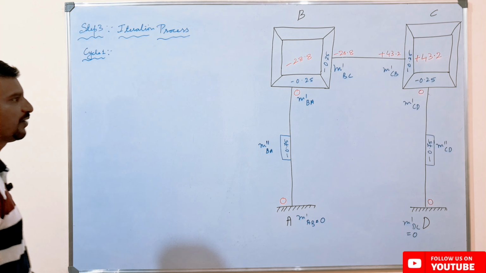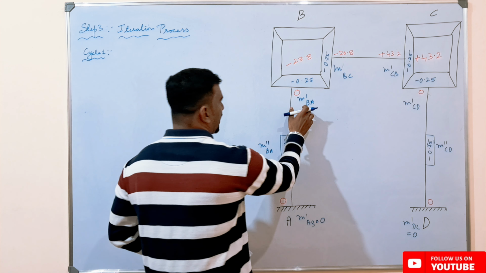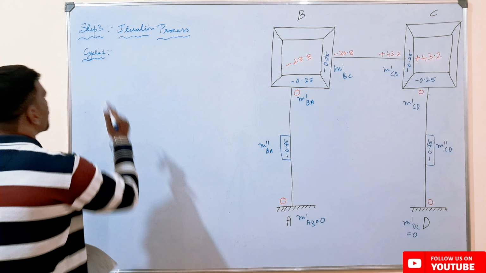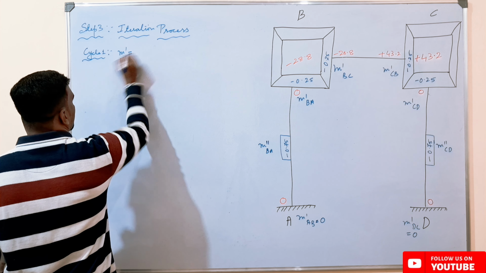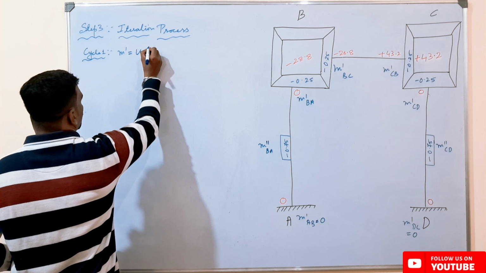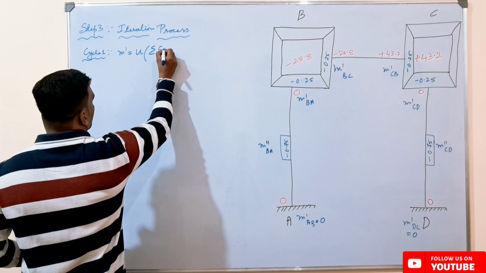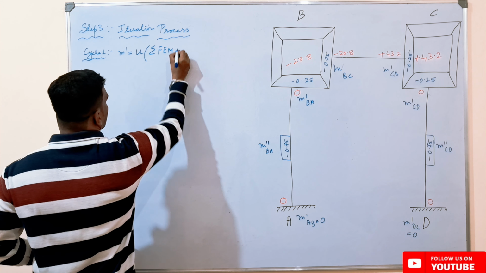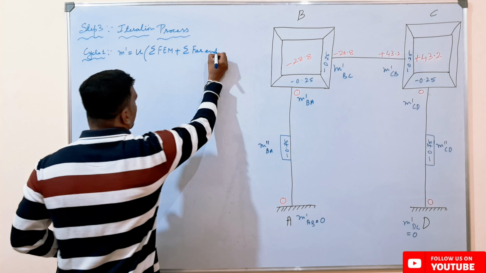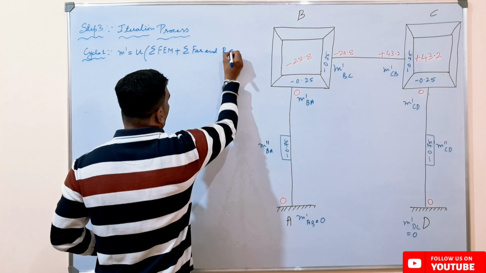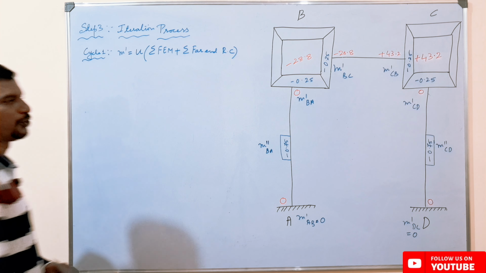So for the first cycle, if we need to calculate the rotation contributions, from previous classes we know that the rotation contribution is given by M dash is equal to U into summation of fixed end moments plus summation of far end rotation contributions. This is the formula we are going to use.